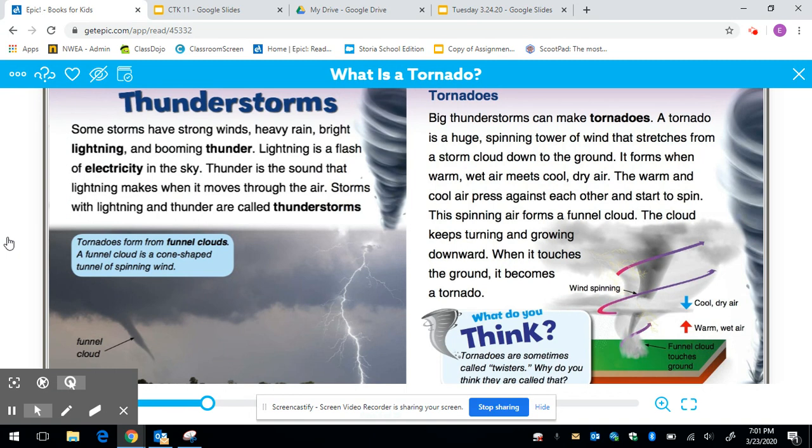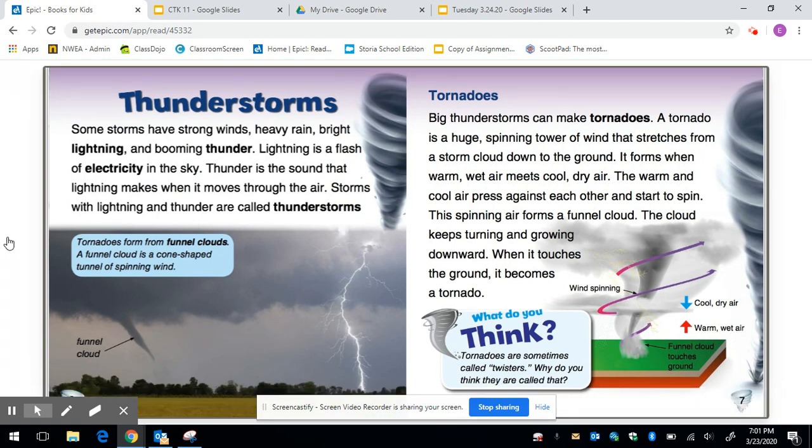So for a moment before we read, I want you to think about what you know about thunderstorms, what you know about tornadoes and how they might be alike or different. And then we're going to read a little bit of the book to see what the book actually says. So you can pause me and think about those things or talk about it at home.